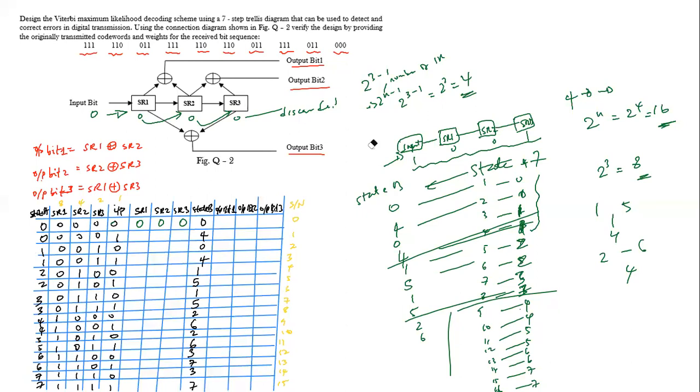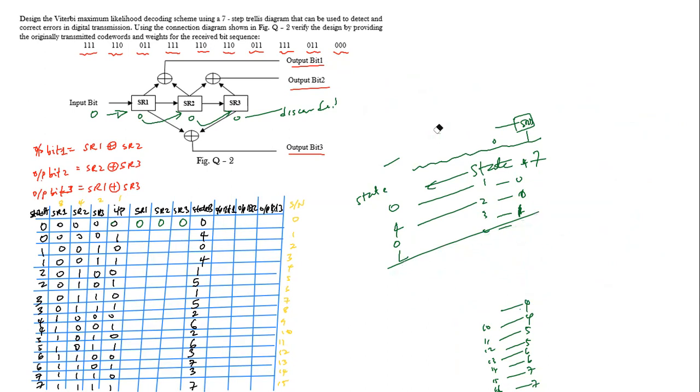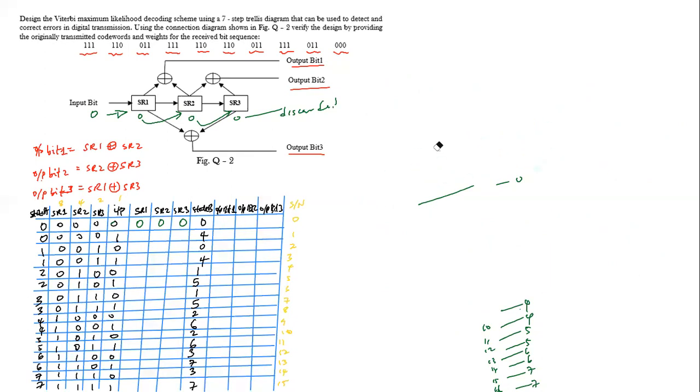So let us write this. Now, for instance, we have to feed in our next input when it is already holding a 0, 0, 0.